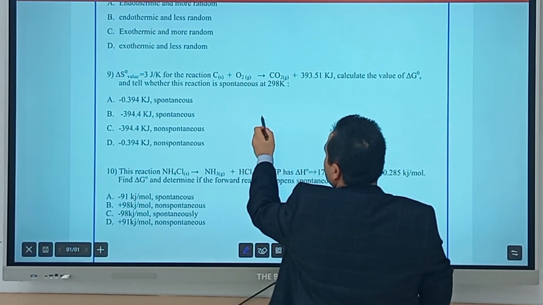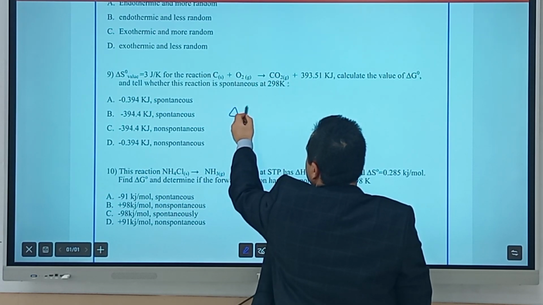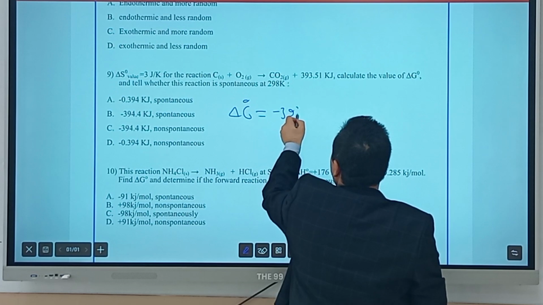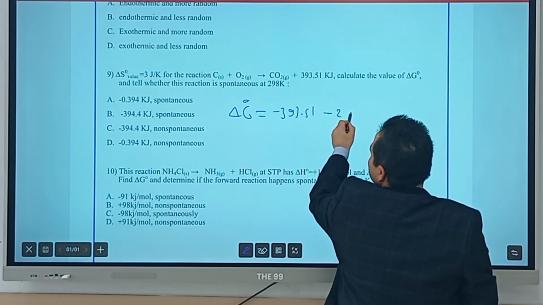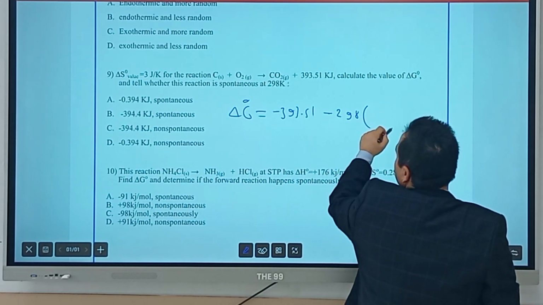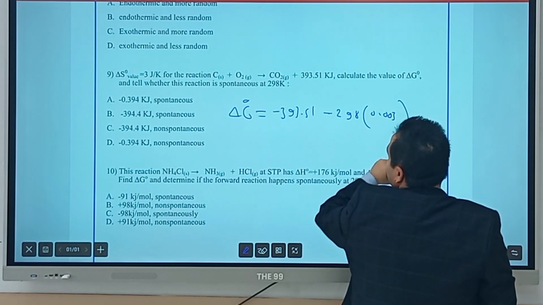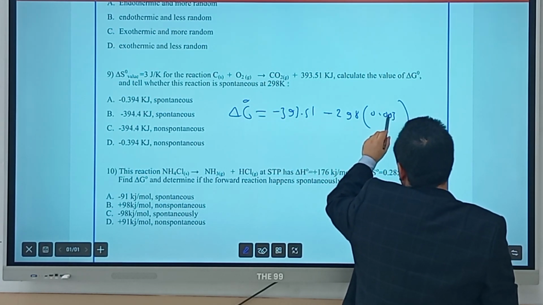I have no calculator, that's why I cannot solve the question, but delta G is equal to delta H, which is minus 393.51, minus 298 multiplied by 0.003, because this is 3 joules, sorry, guys.